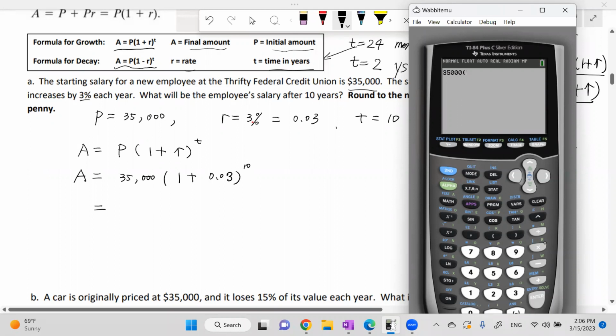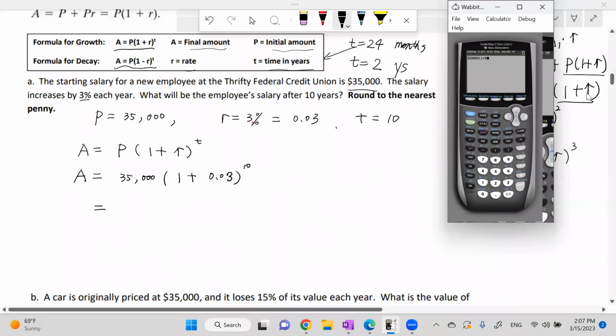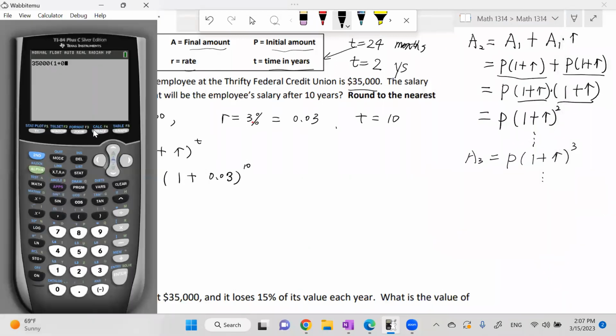Even if I don't have a multiply sign, if I have parentheses, that means multiply by the parentheses: 1 plus 0.03.